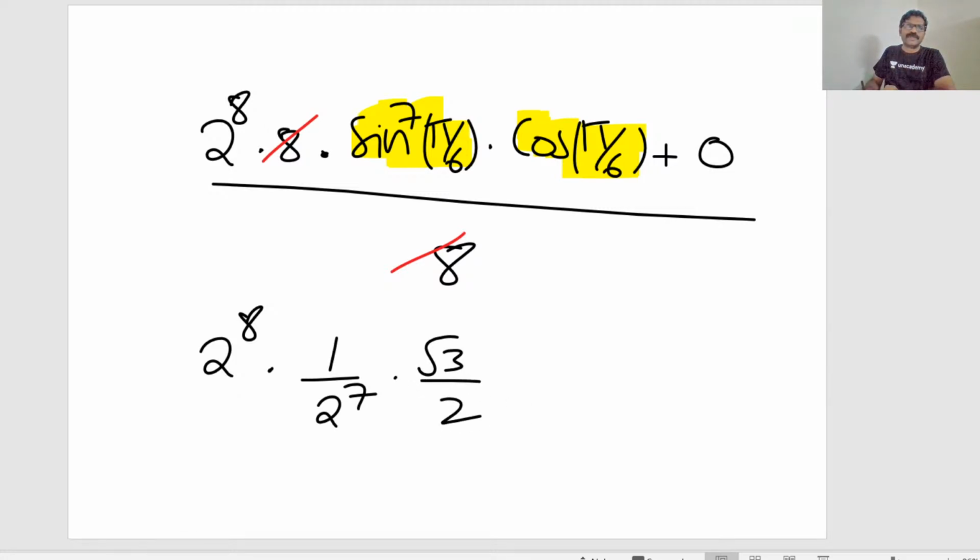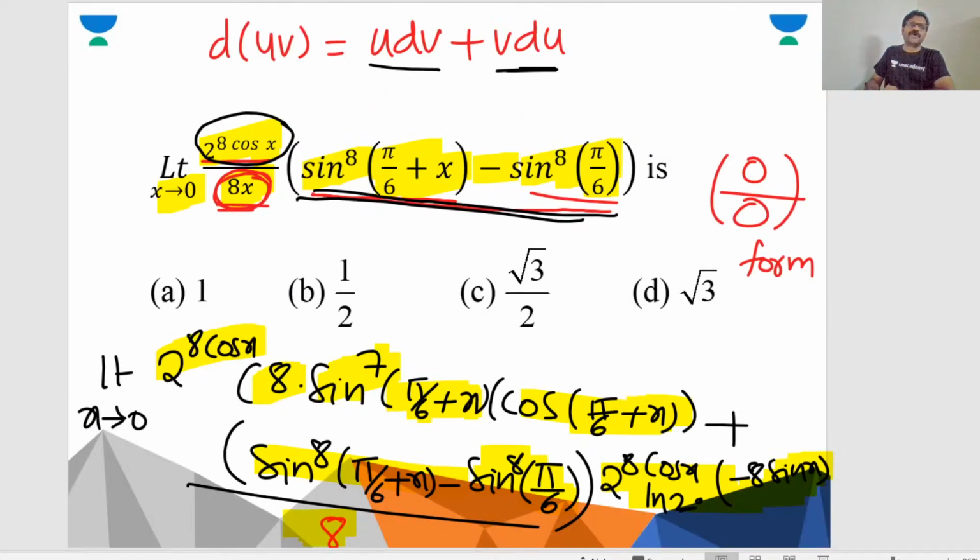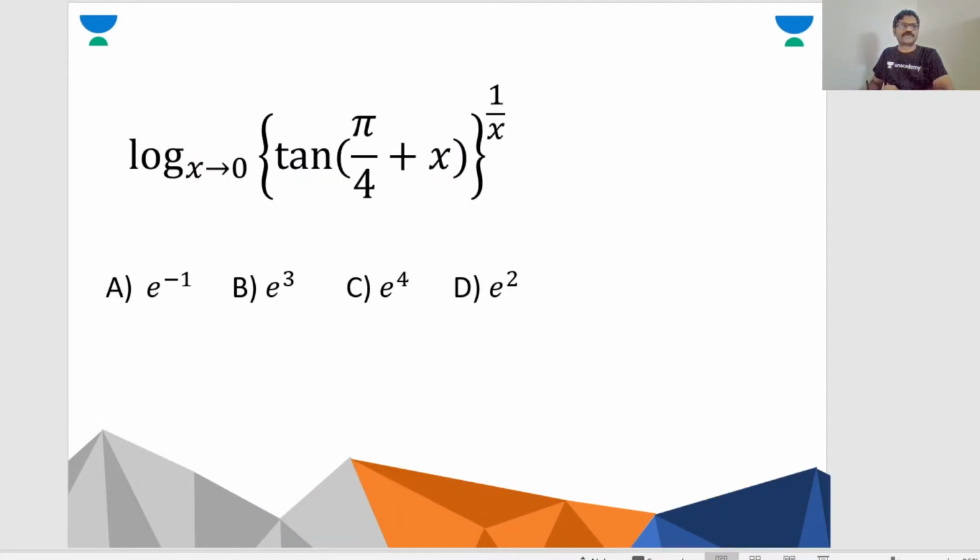Now 2 power 8, 2 power 7 into 2, 2 power 8 cancel. The result is root 3. Now the value of the limit is root 3. Understood? Next problem.